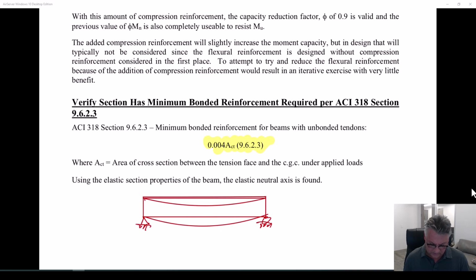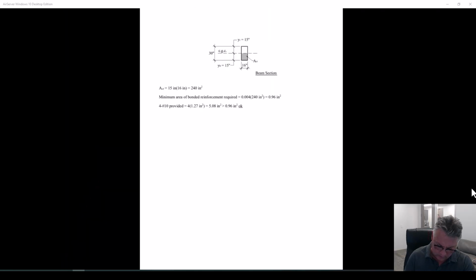So how do you calculate that? ACT is the area of concrete in tension. It's based on the elastic section properties. You calculate that and multiply by 0.004. You'll come up with the area of steel that you require to be bonded.